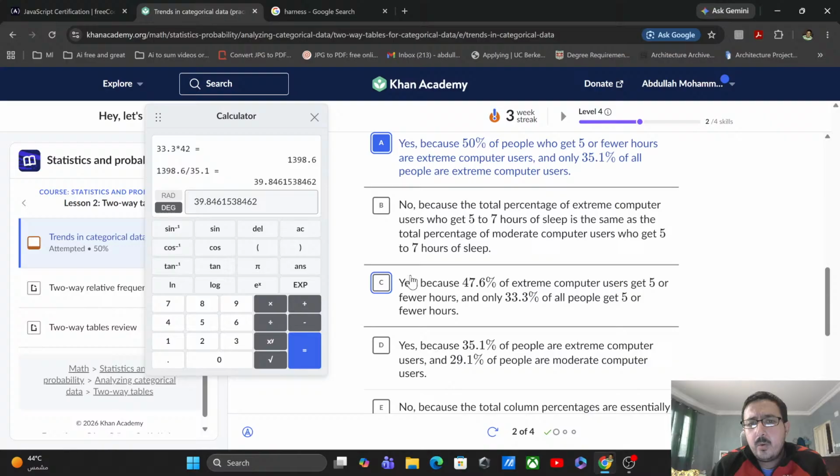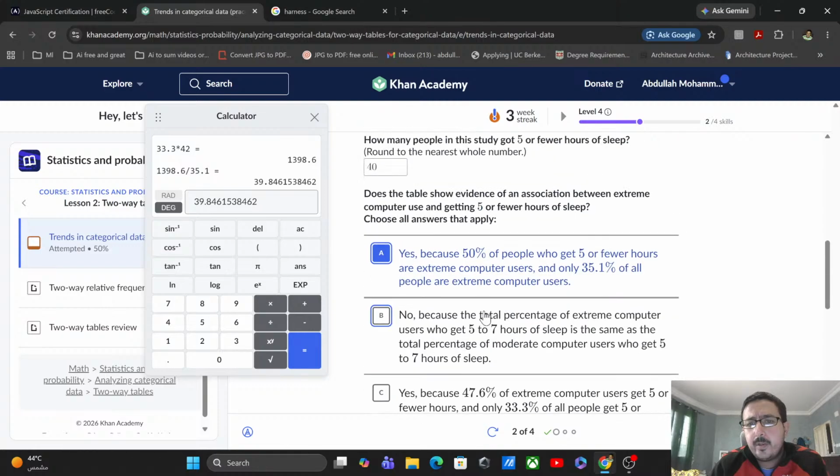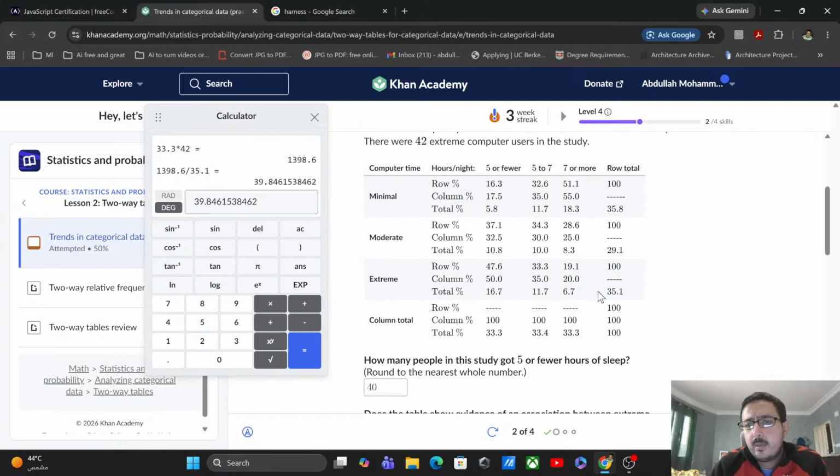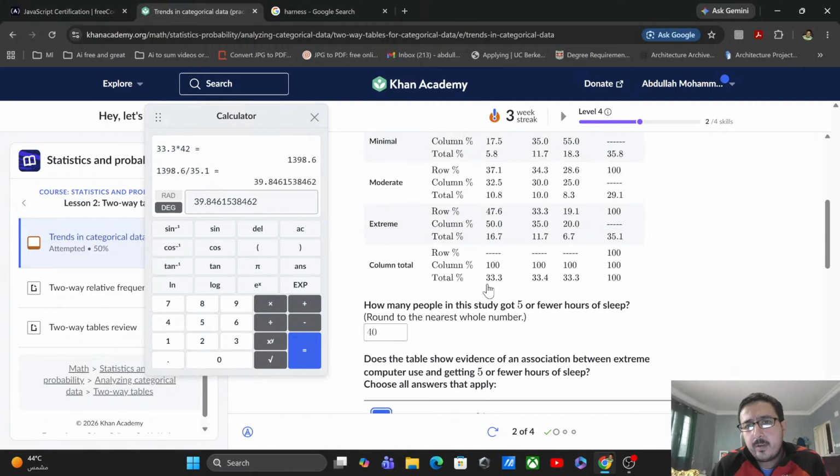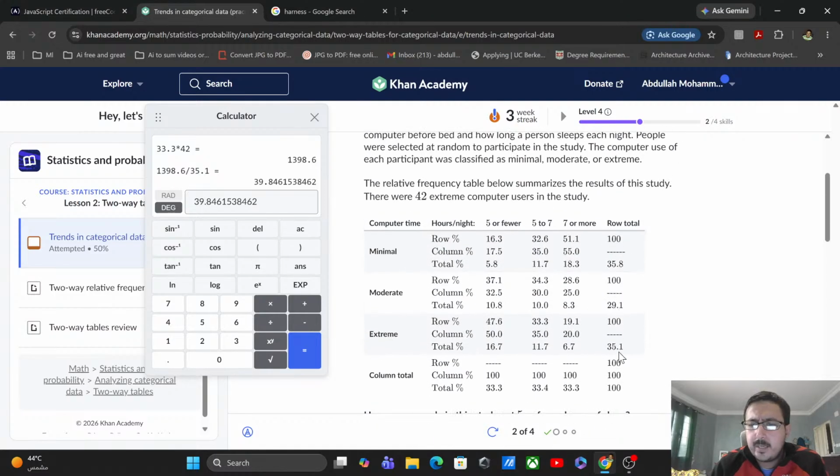Yes. No, yes, because 47% of extreme computer users are not correct. 35. Out of that 35, out of that's 100. 47.6% out of the 35. What are we saying?